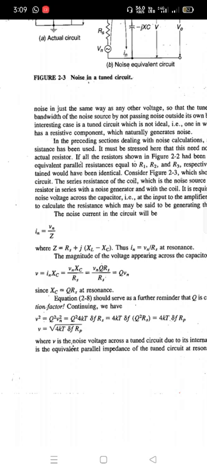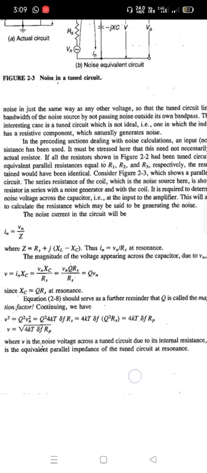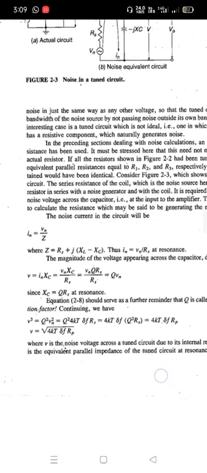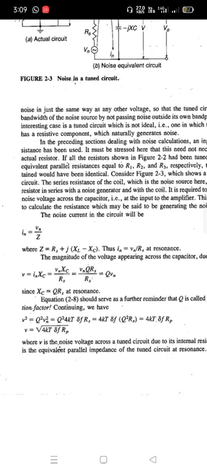So what will happen? Coming back to our derivation, the magnitude of voltage appearing across the capacitor due to Vn only is I into Xc. So what is the value of In? Vn upon Rs into Xc, which equals Vn into QRs upon Rs, which equals Q into Vn.